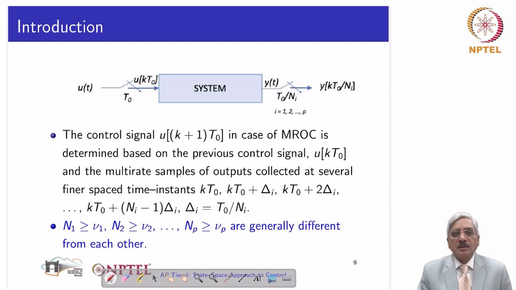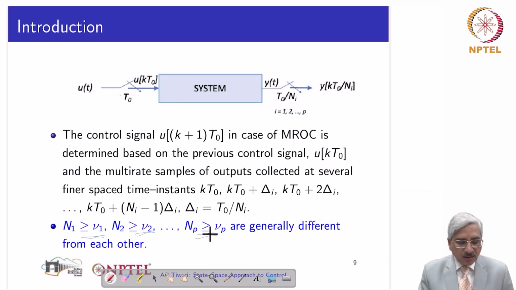Now, the condition for satisfactory or full pole placement was that each of these integers N1, N2, etc. be larger than the respective observability indices.